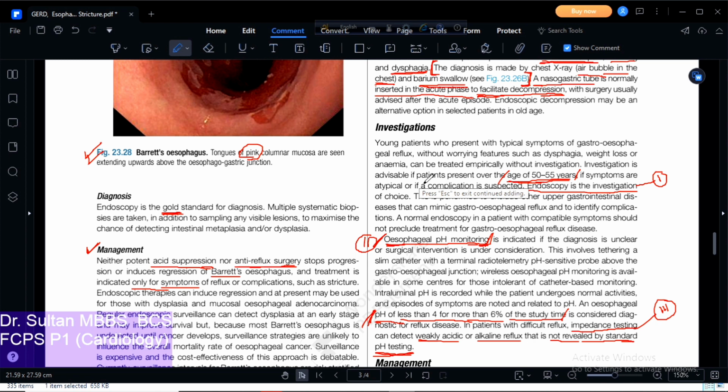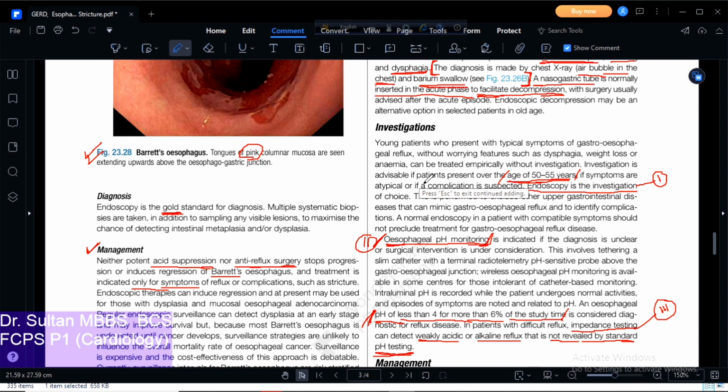So when you do the impedance testing, if you see that esophageal pH monitoring cannot detect the reflux disease, you're confused, okay. By doing esophageal pH monitoring, you do not reach a conclusion. In that case, you do the impedance testing.